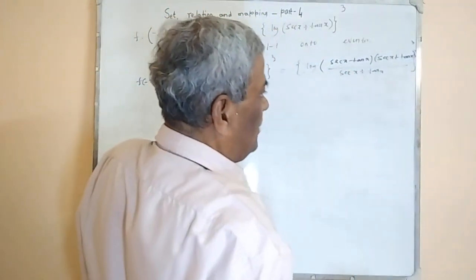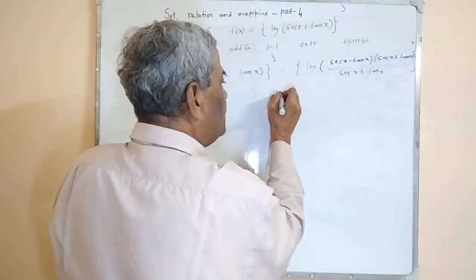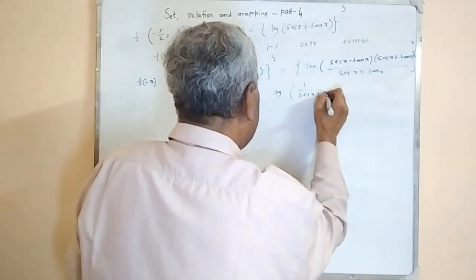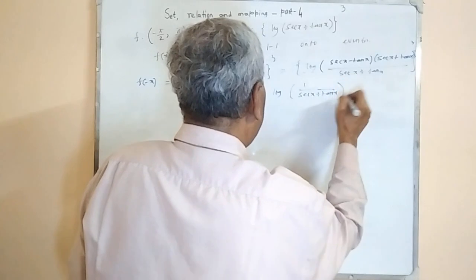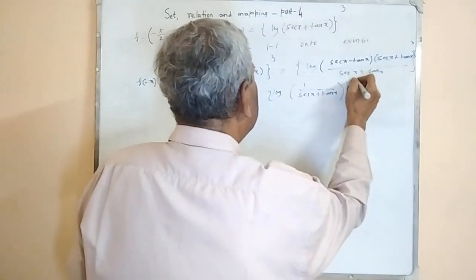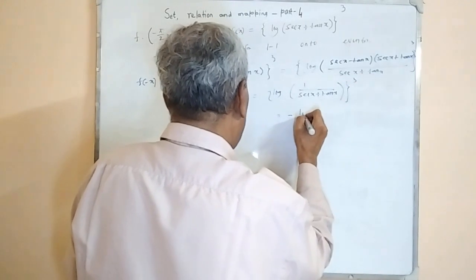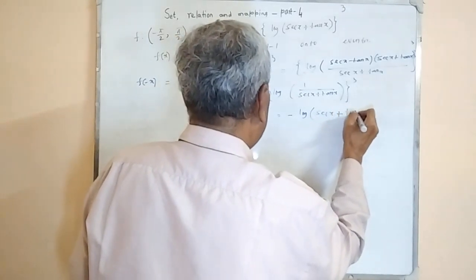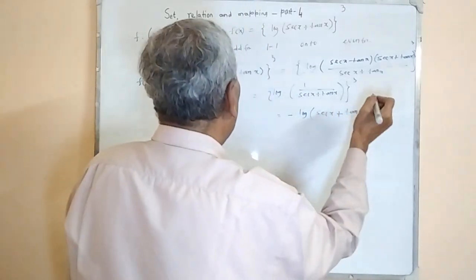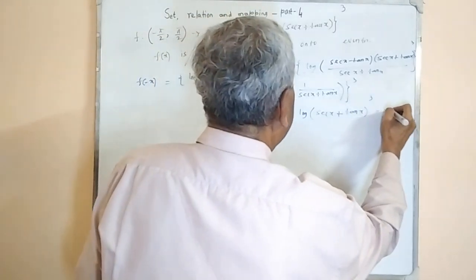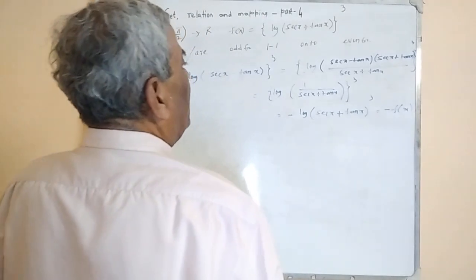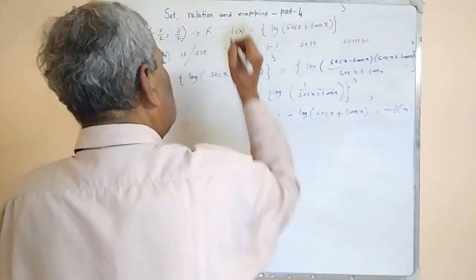It is actually sec squared minus tan squared, 1. So log of 1 by (sec x plus tan x) whole cube is equal to minus log of (sec x plus tan x) whole cube. So it is equal to minus of f(x). So f of minus x is equal to minus of f(x). So it is an odd function. So the first option is correct.